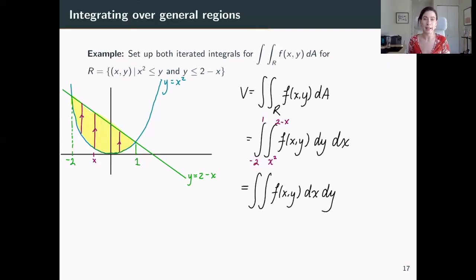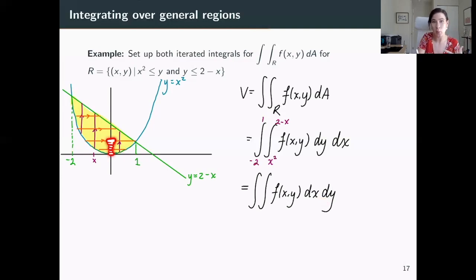Setting up the dy dx integral wasn't too bad, but setting up the dx dy iterated integral is going to be kind of nasty. We can see that because if we start drawing out those horizontal bars, so if I draw a horizontal bar here, a horizontal bar here, a horizontal bar here, and so forth, again, I can see how my y is varying. But notice something interesting. If we look at the outside variables, so y, if I choose these values of y, something funky happens at the point y equal to 1.